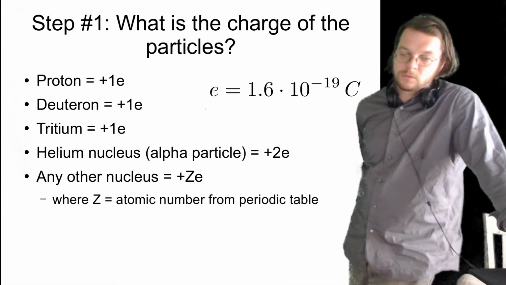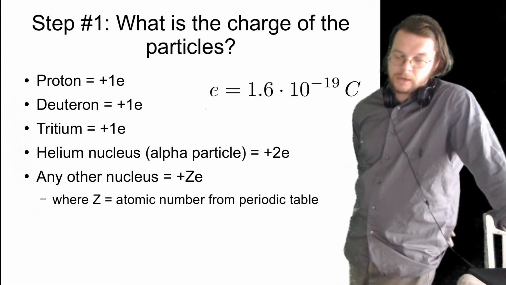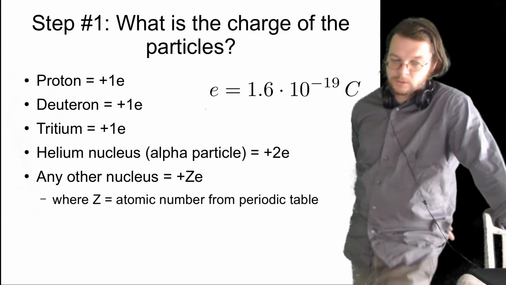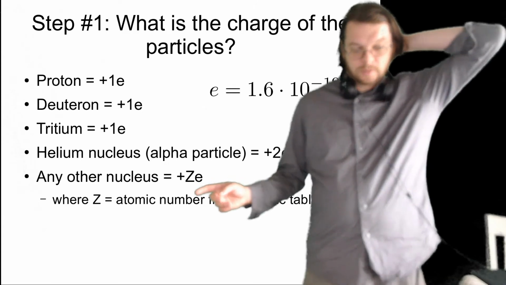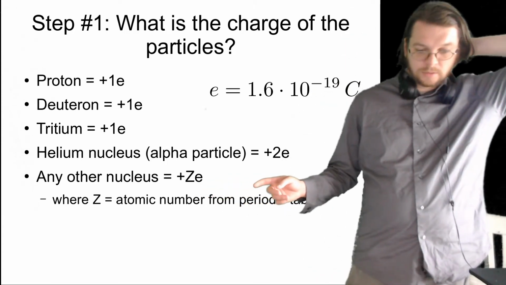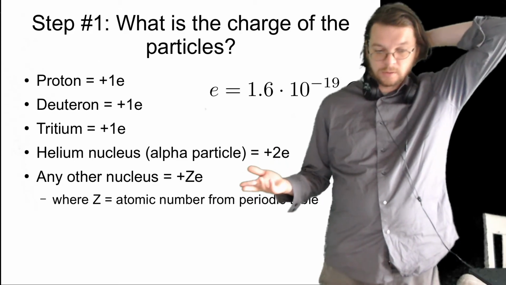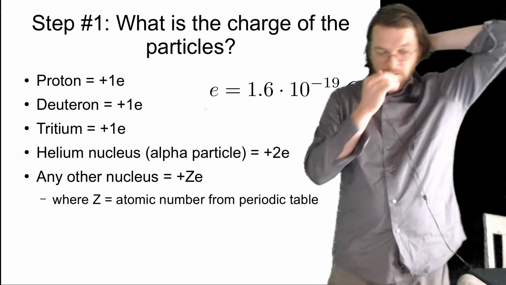The first step is that you need to know what the charge of the particles are. I think I actually do make you memorize this list, which is not that long. Basically, the charge of any particle is the atomic number from the periodic table. I will provide you with the periodic table, so don't feel too bad about forcing you to memorize these things.